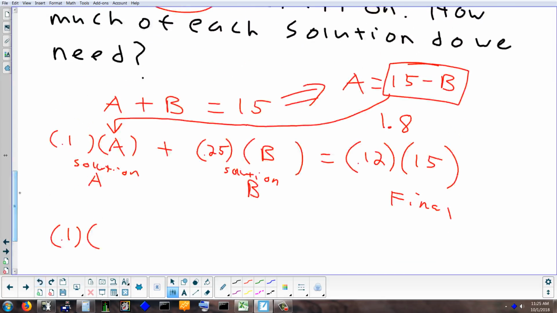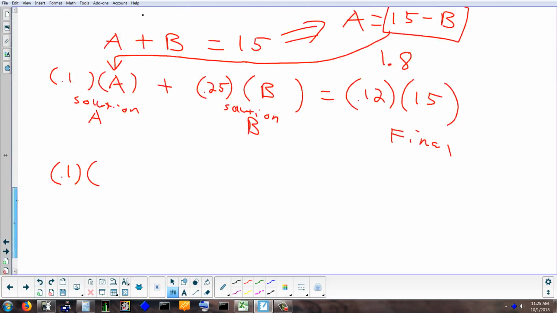Okay. So 0.1 times A, but now we know A is 15 minus B. Copy everything else down exactly the way it was. If you just want to put 0.25b, you don't really need parentheses. We know that means multiply. Now this equation isn't even as bad as the first one that we did, because you only have to do a distributive property in one spot.